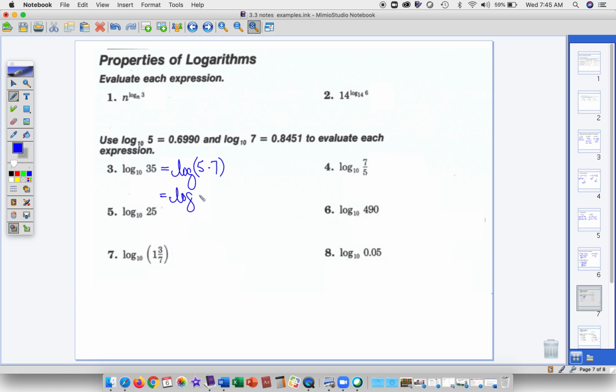So this is the log of 5 plus log 7. So I would add these two decimals together. So that's the idea. Here it's a quotient, so I would take the difference. So try 1 and 2 and try the rest of these. Pause the video, come back, and then we'll compare solutions.